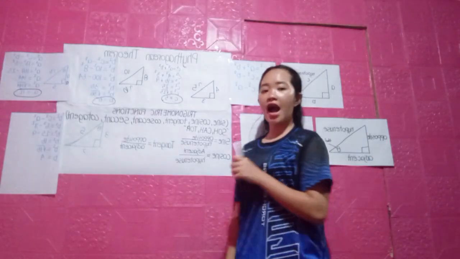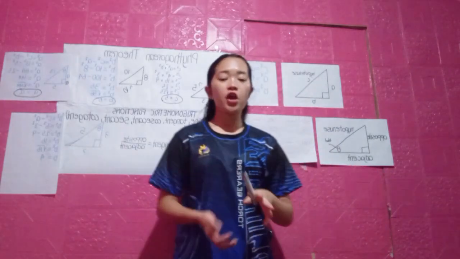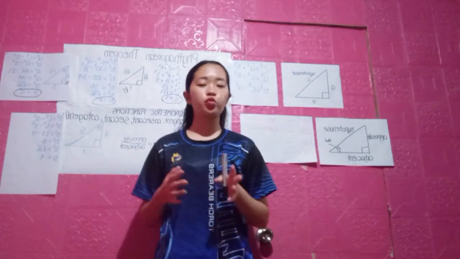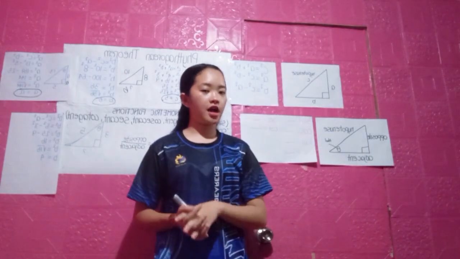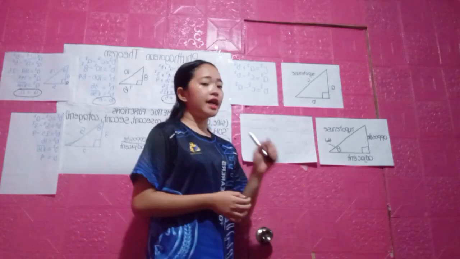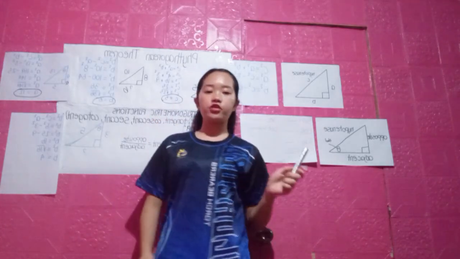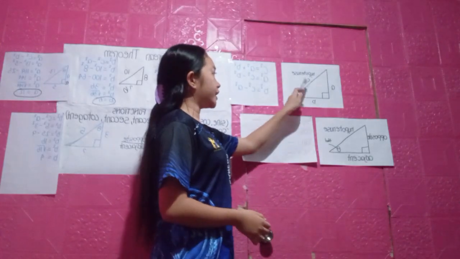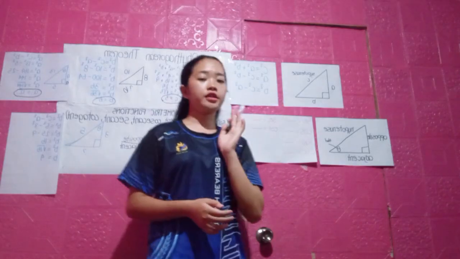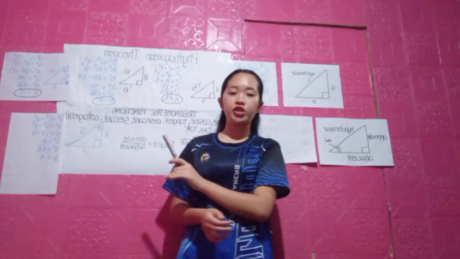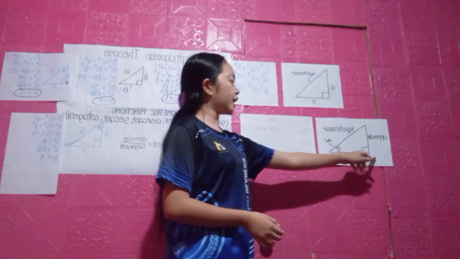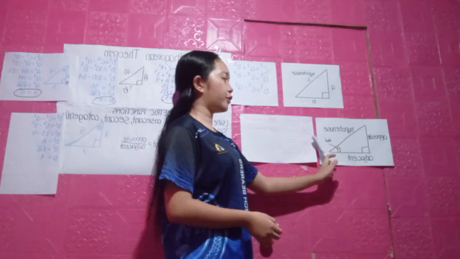So now, how to solve using these formulas? But before that, it is very important that we know the sides of an angle. If the Pythagorean theorem has A, B, C sides, the trigonometric functions have opposite, adjacent, and of course the hypotenuse.